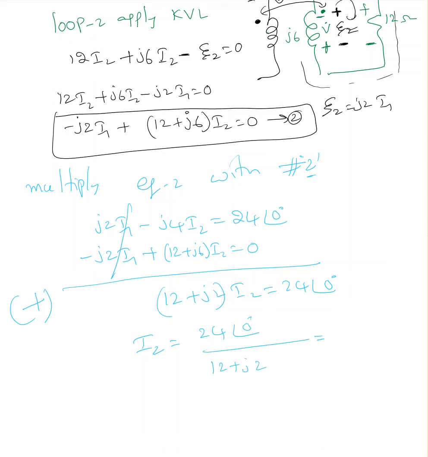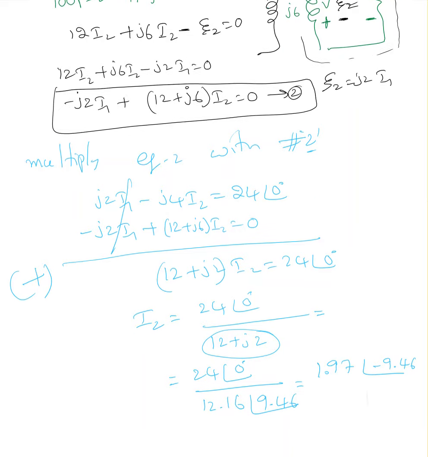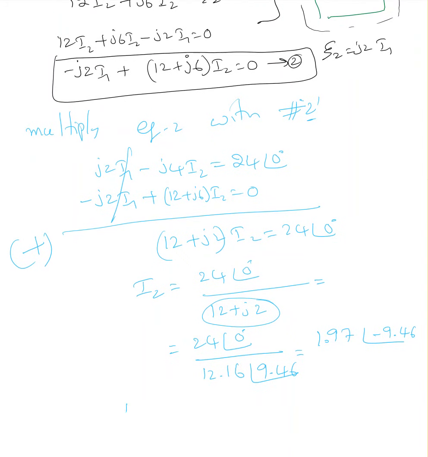When I convert this 12 plus J2 into polar format, which is 12.16 at an angle of 9.46, 24 divided by 12.16 is 1.97 at an angle of minus 9.46. When I convert that into rectangular format, I2 equal to 0.986 minus J0.639 ampere. So this is our I2.